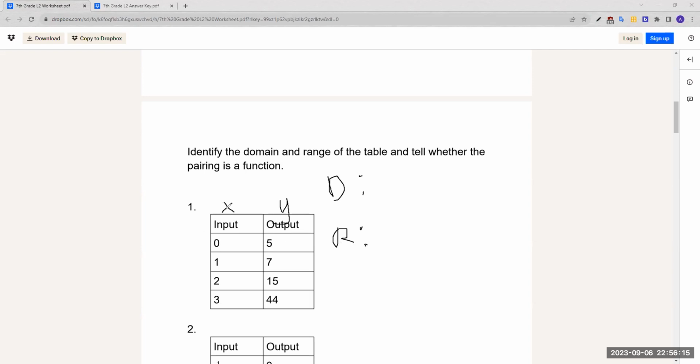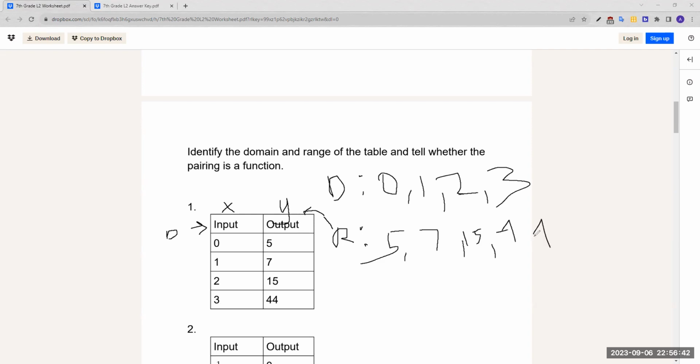The domain consists of all of our x values, the inputs, and these would be 0, 1, 2, 3. Our range would be all of our y values, so it'd be 5, 7, 15, and 44.